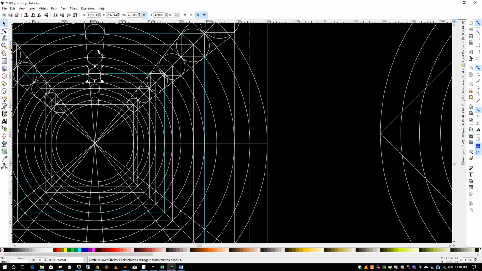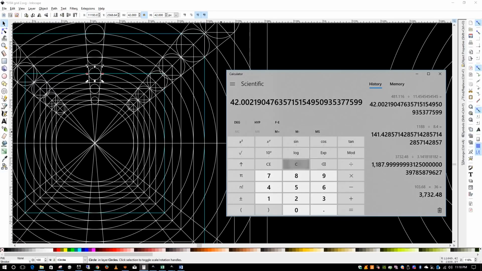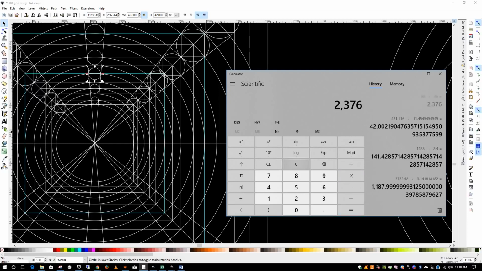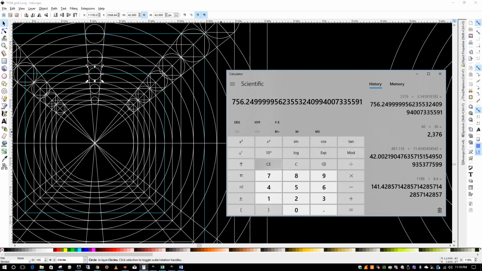So with 756, that has a circumference of 2376, right? So 66 is a number. So if we take 66 and we multiply that times 36, we get 2376, and we divide that by 3.142, we get 756 basically.